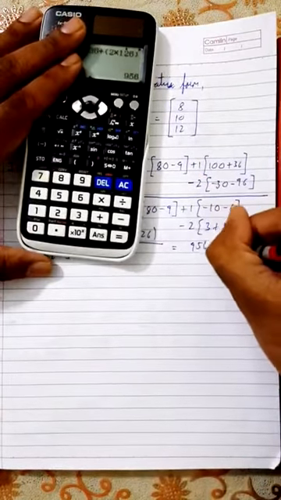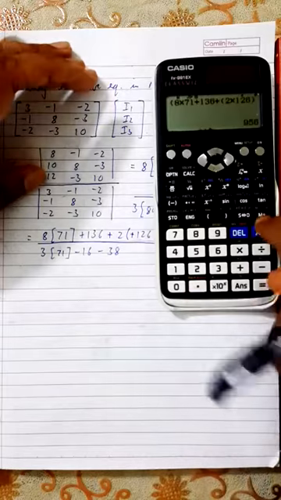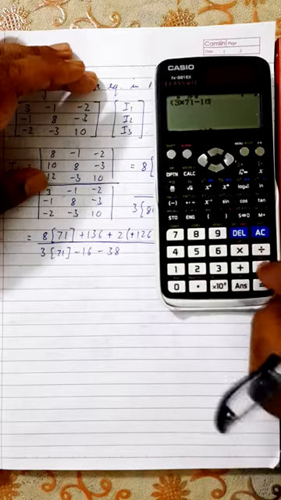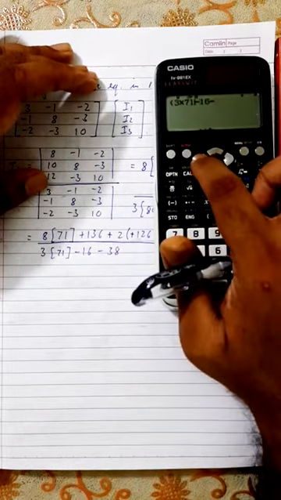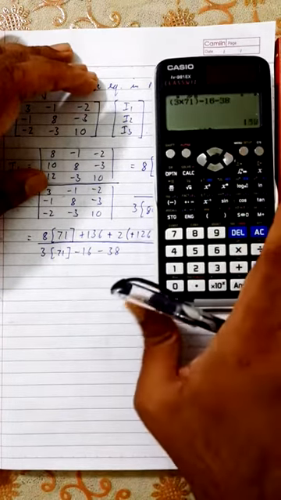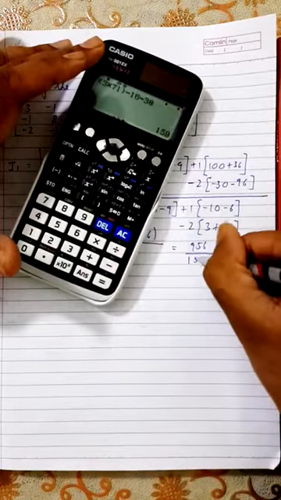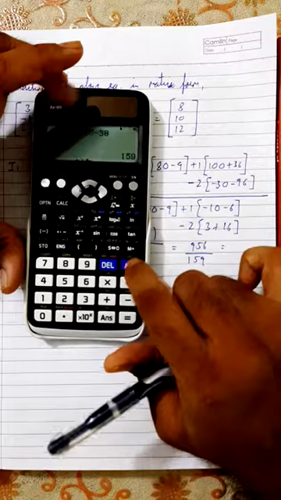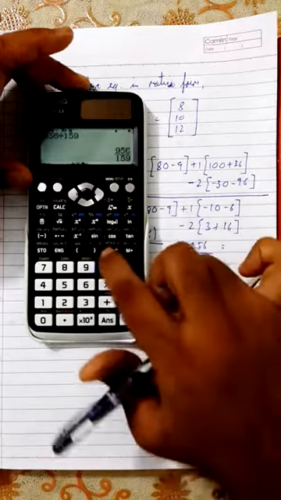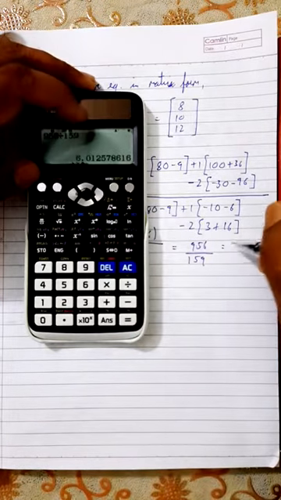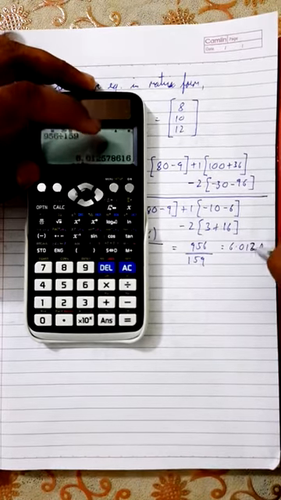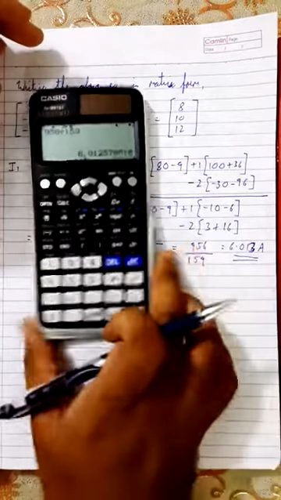So this is 956 divided by the denominator, which is 3 into 71 minus 16 minus 38, so you will have 159. So therefore 956 divided by 159, and you have the answer as 6.013 amperes. Okay, that is the value of I1.